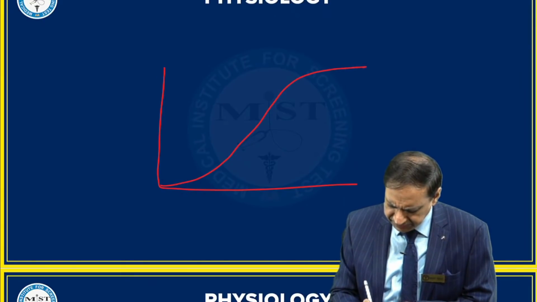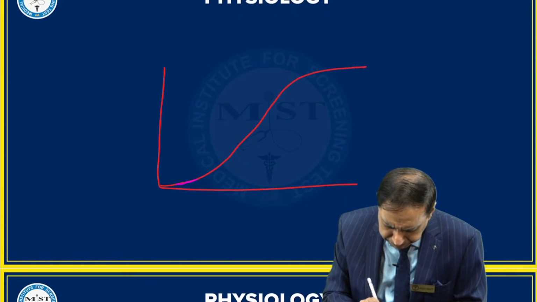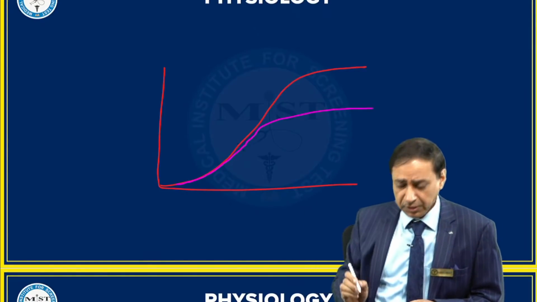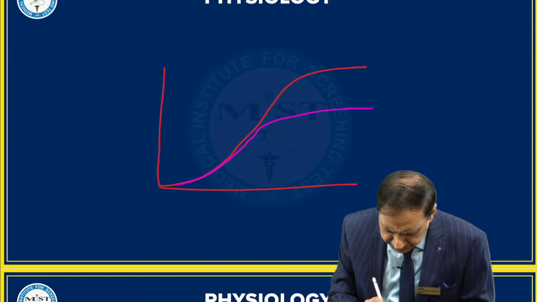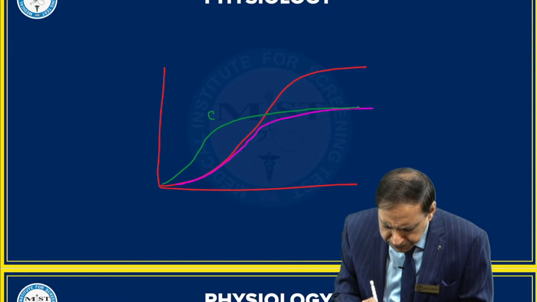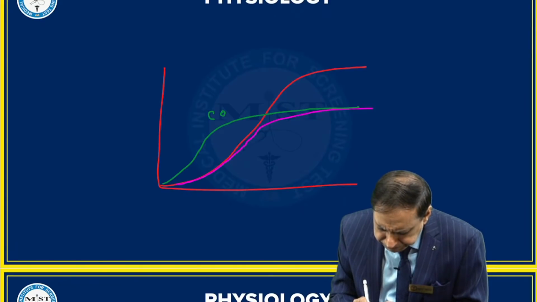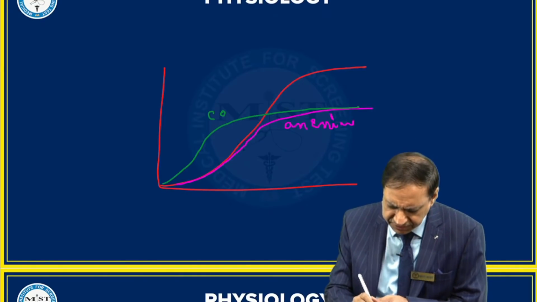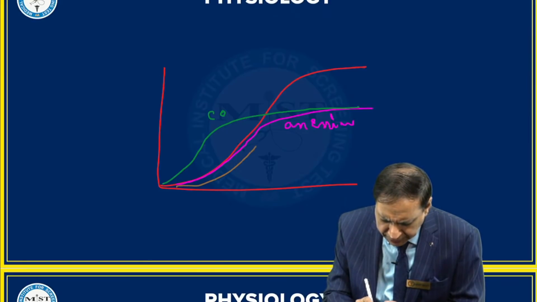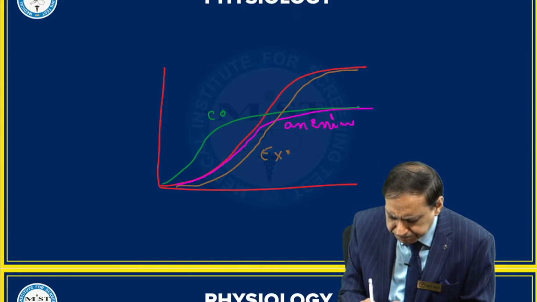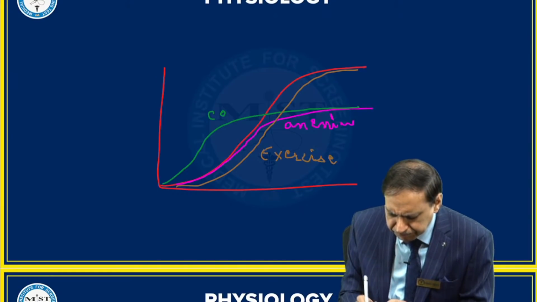What will happen to this curve in anemia? This is anemia. What will happen in carbon monoxide poisoning? This is carbon monoxide. What will happen in exercise? Shifted to right. This is exercise.